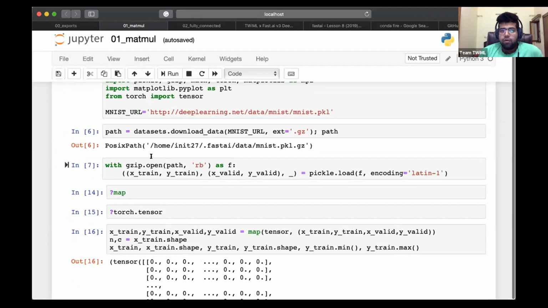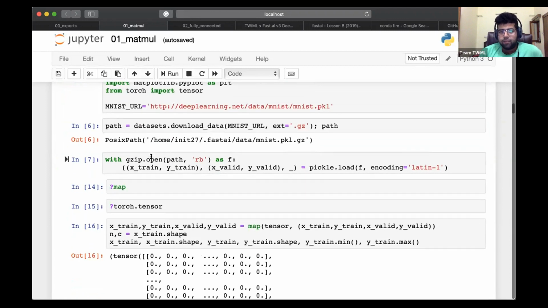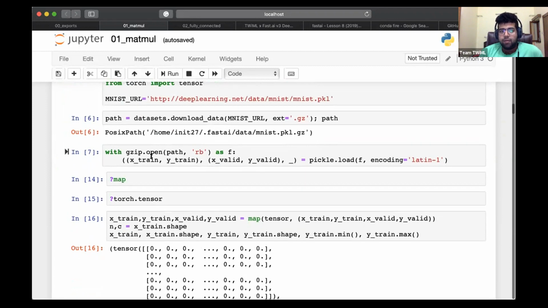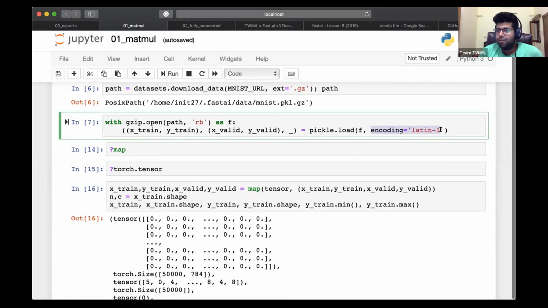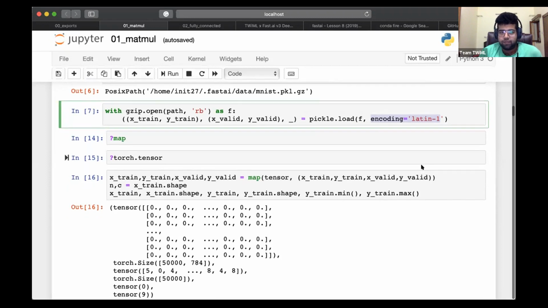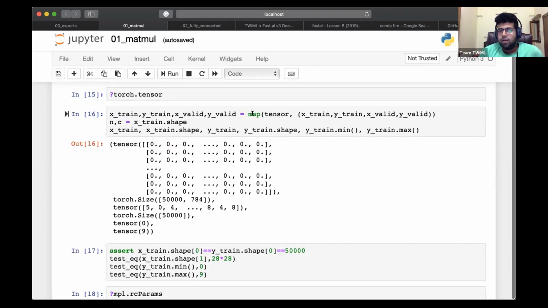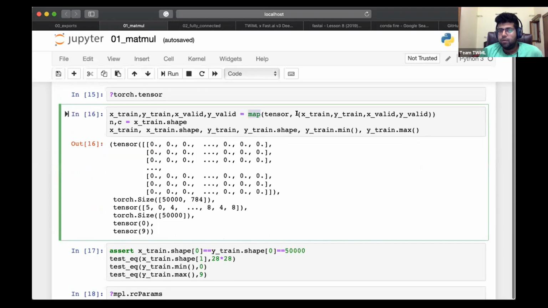After that, we download the MNIST dataset, and to open it with gzip, it'll be pickle loaded because it's saved as a pickle file. The encoding is Latin one, so that you don't have to guess it randomly. Otherwise, you'll have to follow that weird process. Next, we map all of the training and validation splits as tensors into the following variable names.